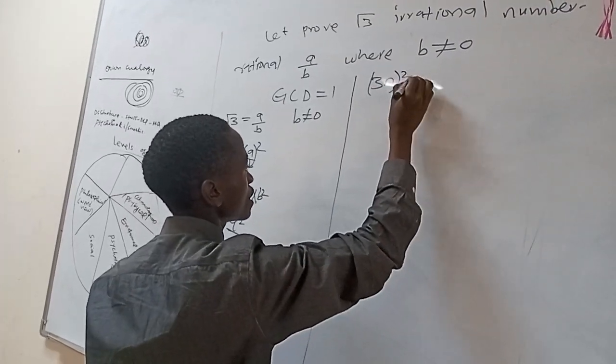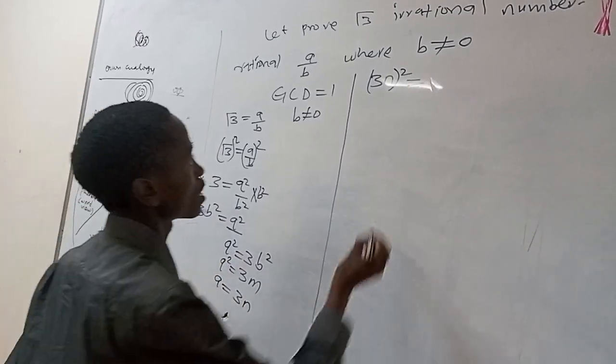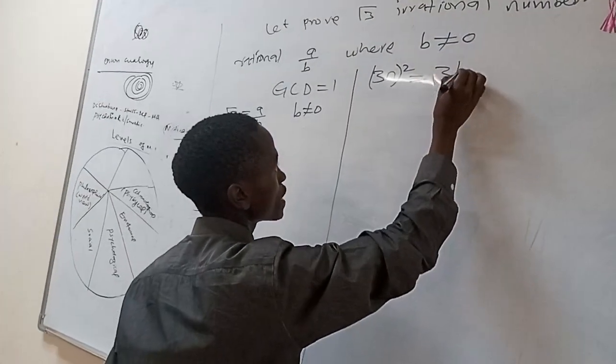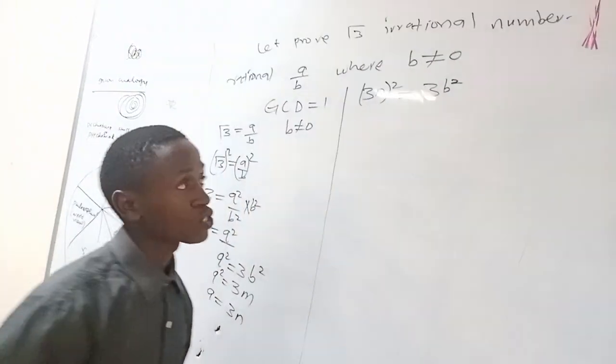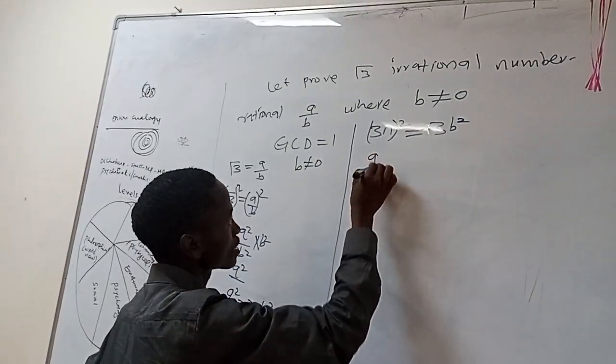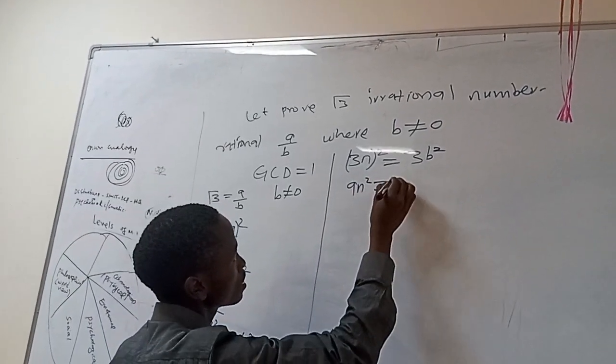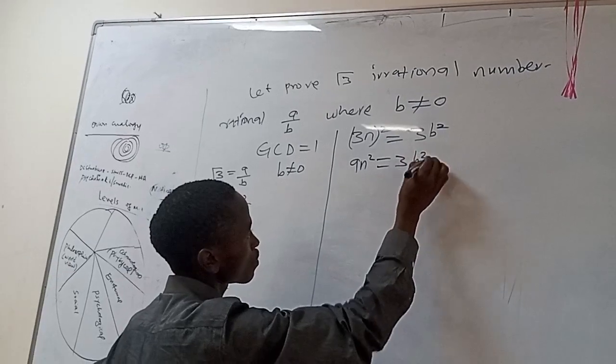When it is squared, it should be equivalent to 3b squared. So once you square this, you get 9n squared is equivalent to 3b squared.